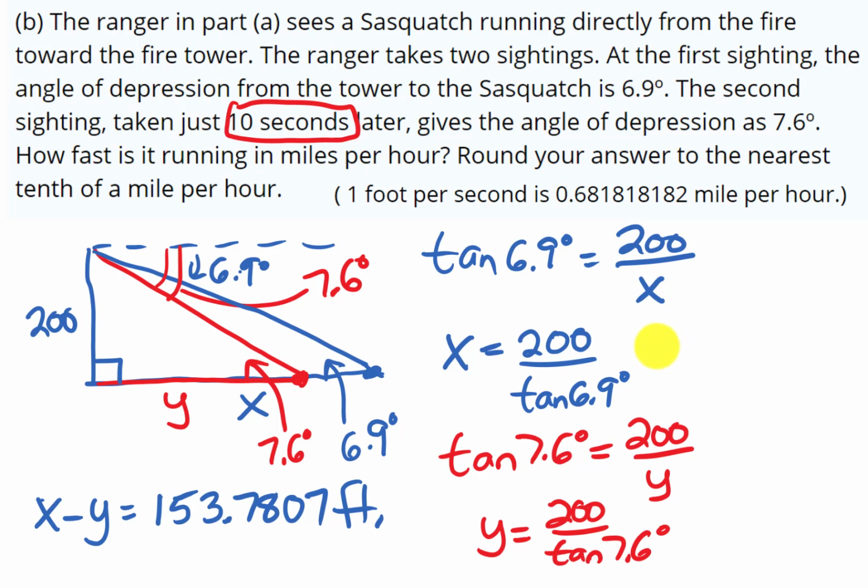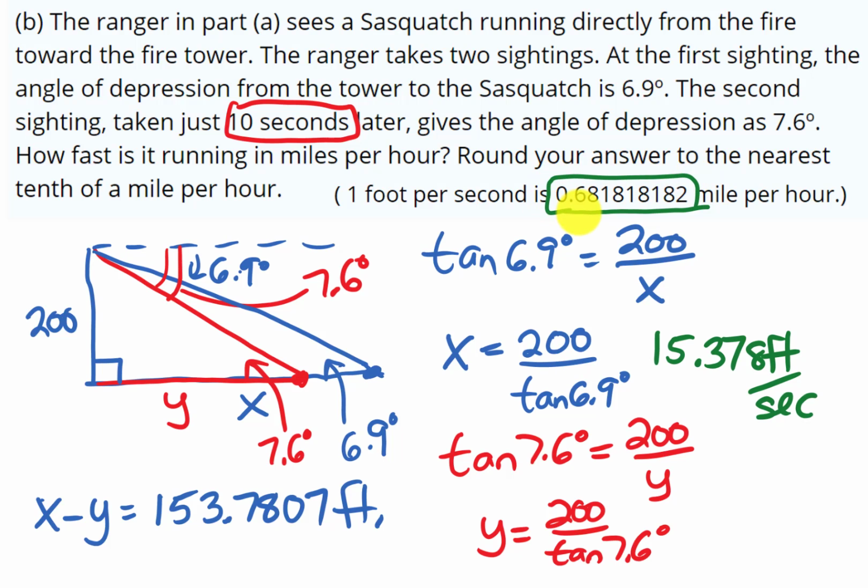So in feet per second, we can divide this by 10, which would move the decimal. So he ran 15.378 feet per second. Now we want to know that in miles per hour, so if we multiply that by this number right here, we will have it in miles per hour.